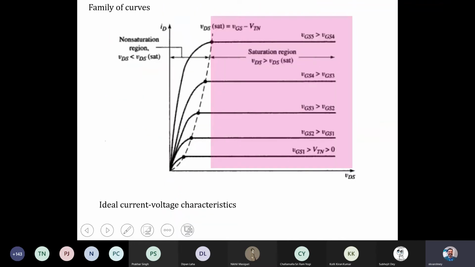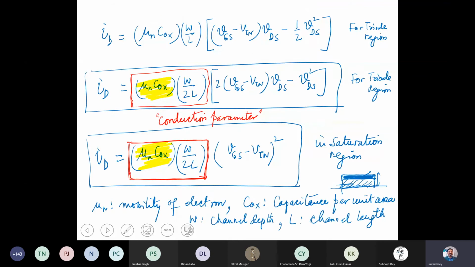Let me show you the characteristic. If your MOSFET device is operating in this region, meaning the applied voltage VDS is less than the saturation voltage VDS saturation, whether it is PMOS or NMOS, then you use the first current relationship for the non-saturation region.